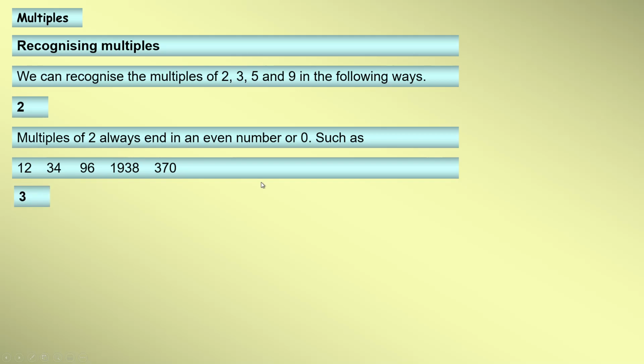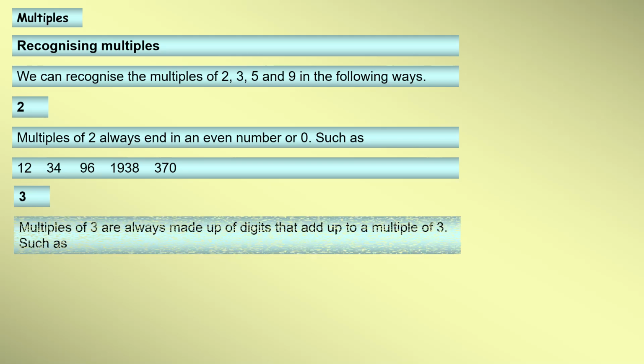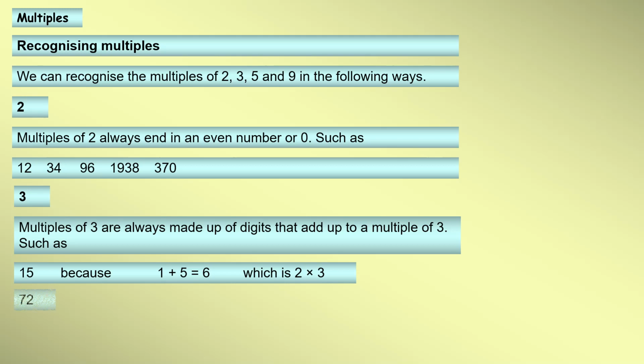3. How can we tell if a number is a multiple of 3? Well, there's a special trick which we can do. Okay, so if we add the digits of the number, we can check. Let's have a look at this. So 15, if we add 1 and 5, that gives us 6. 6 is in the 3 times table, so that means 15 is a multiple of 3. 72, if you add 7 and 2, you get 9.